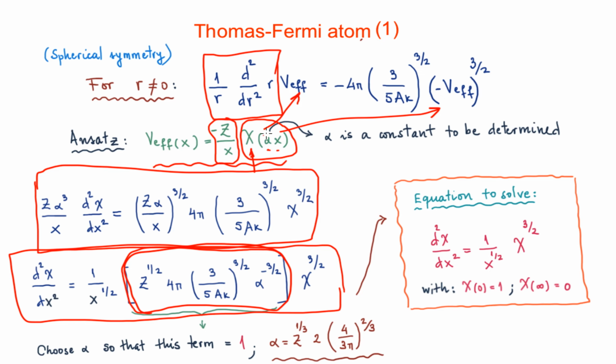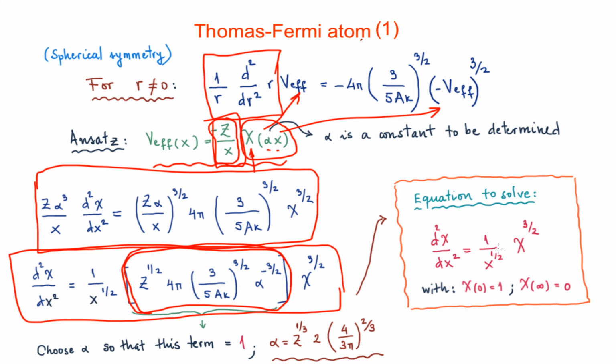That basically means that the effective potential is given just by this prefactor here. And when x is going to infinity, when r is going to infinity, the t function has to decay to 0 in order for the effective potential to decay to 0 as well. So these are the two boundary conditions corresponding to the t function, and this is the differential equation that the t function has to satisfy.